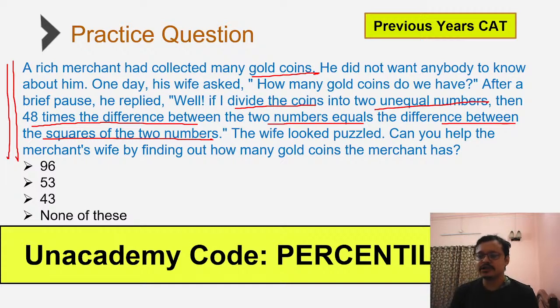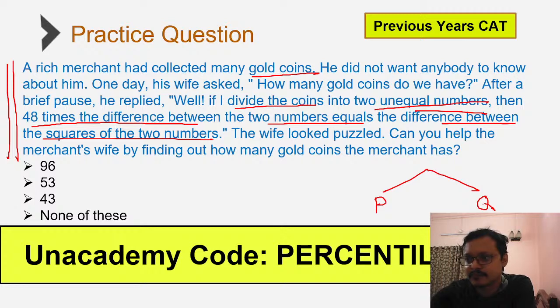So how do we do this? The gold coins have been divided into two groups, two unequal numbers. So let's say the two unequal numbers are P and Q. What is the total number of coins?